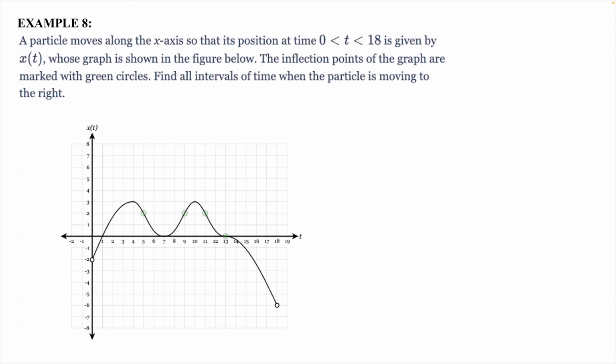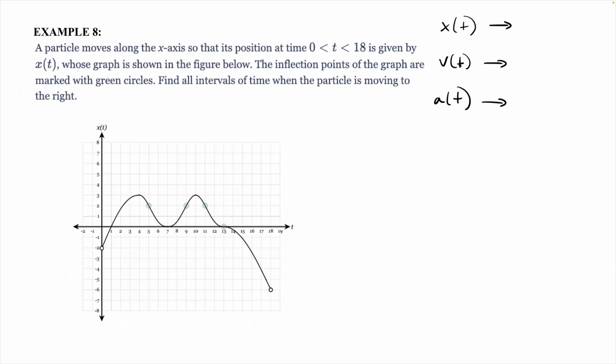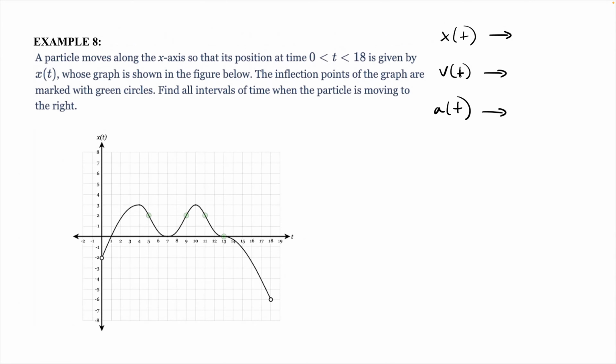Try number 8. I want you guys to try it on your own. So what do they give you? What's the given information? Position versus time, right? So that means position is the y values. V of t is the slopes. A of t will be concavity, just like the last one.